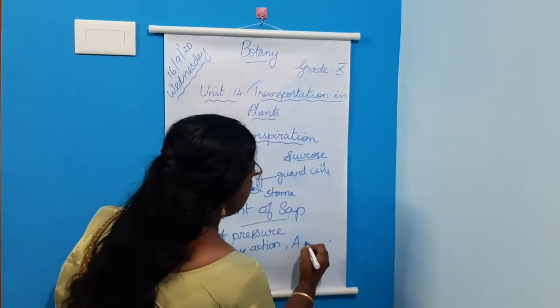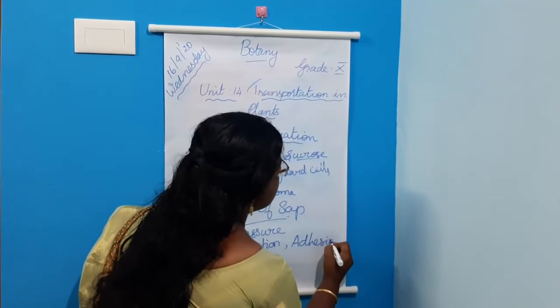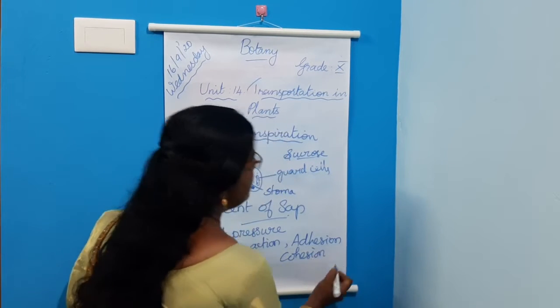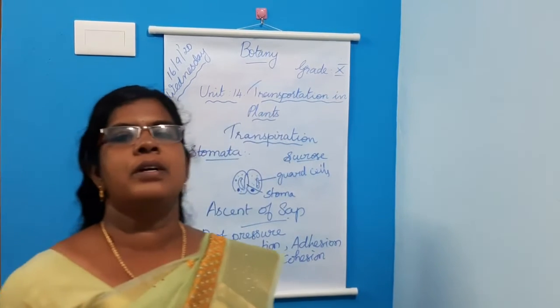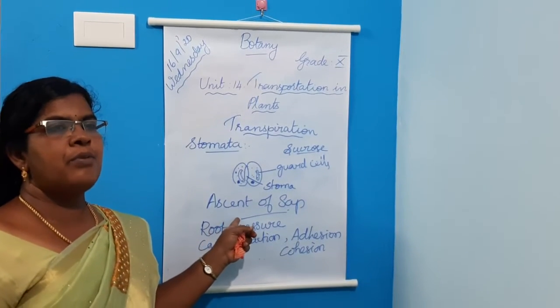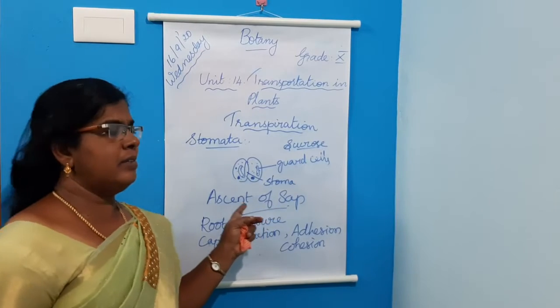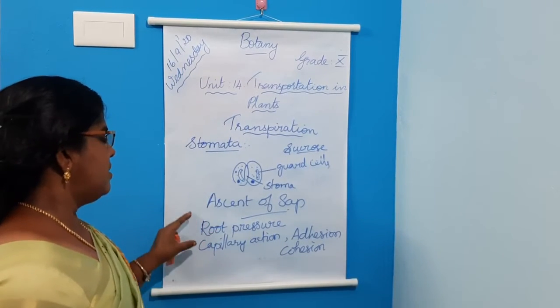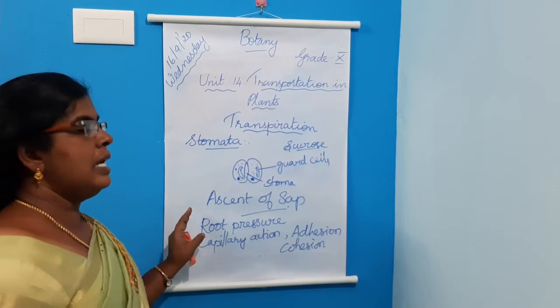Third is adhesion and cohesion of water molecules. These are the factors responsible for the ascent of sap.